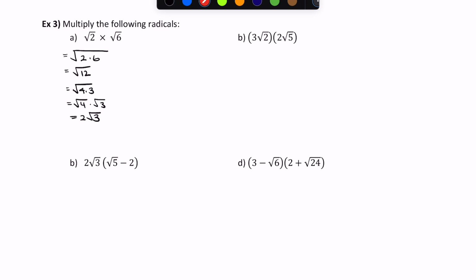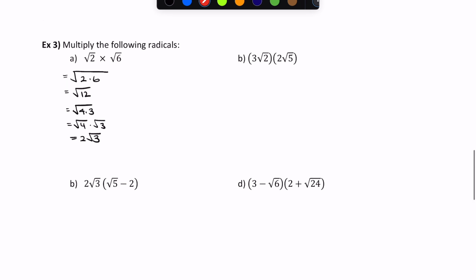Here, similar to if you were going to multiply values that had a coefficient and a variable, you keep the radicands, you multiply the radicands, and you multiply the numbers outside together. So in this situation, we have 3 times 2, which is 6, and then we multiplied the radicands inside, which are 2 times 5, which would be 10.